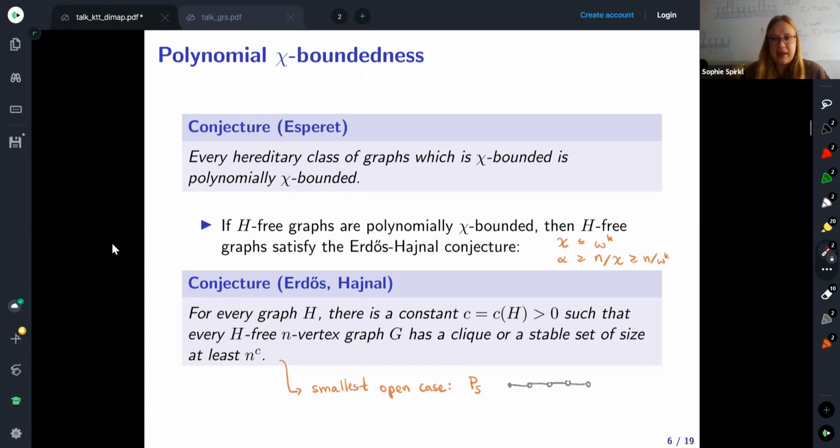So if only we could get P5-free graphs to be polynomially chi-bounded, we would have proved the very next case of the Erdős–Hajnal conjecture, which would be really nice if we could do it, but currently we can't. But this is part of what motivated this. Can we get anywhere for P5? And I will show you lots of results that don't quite get there for P5.